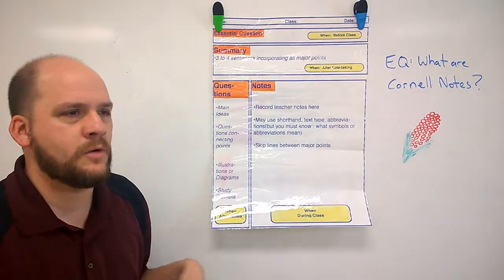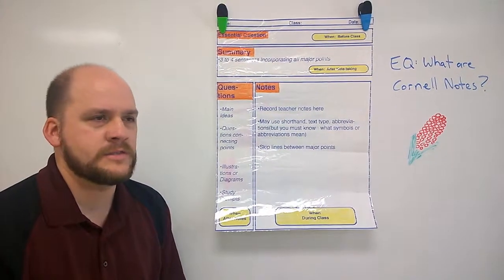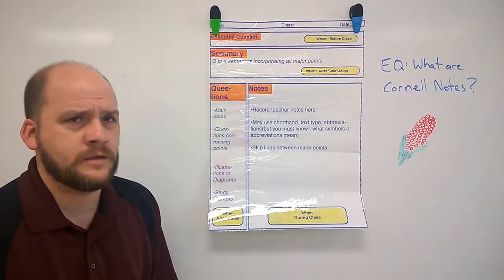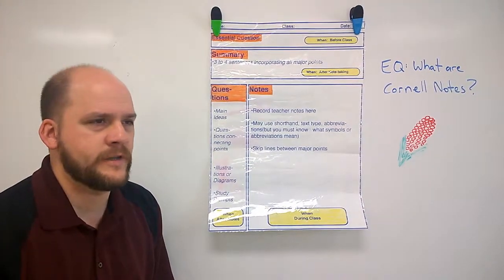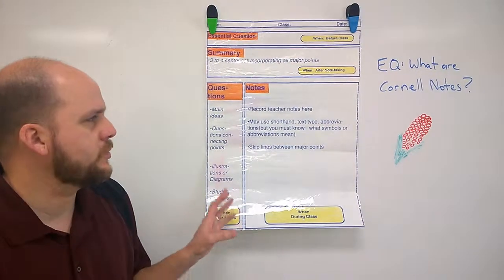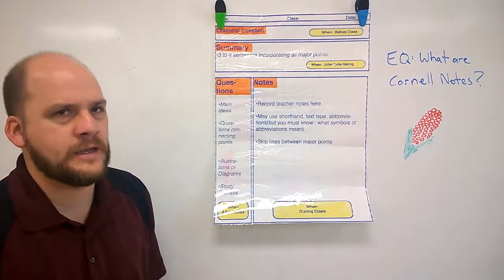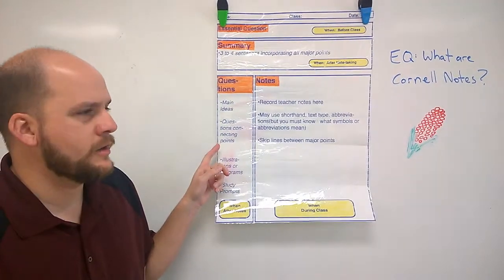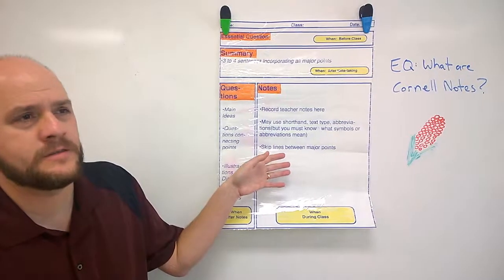And so what I will have you do is generate typically at least 3 questions based on the notes that you take, whether those notes are, again, in class, off of flip videos, or off of readings that we do. And we often will use the Cornell Notes as a different way of annotating text. So these questions are going to be questions that you can tie directly back into the notes.